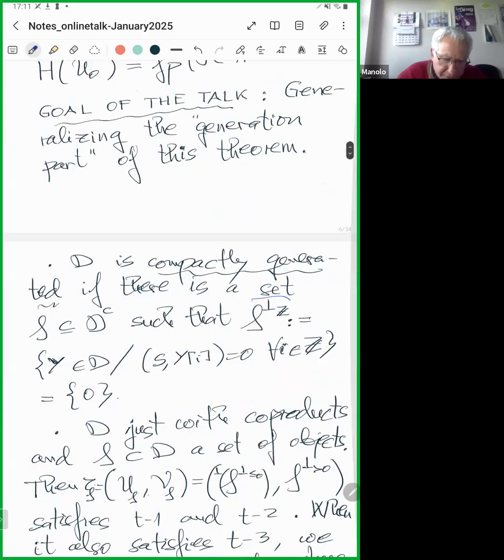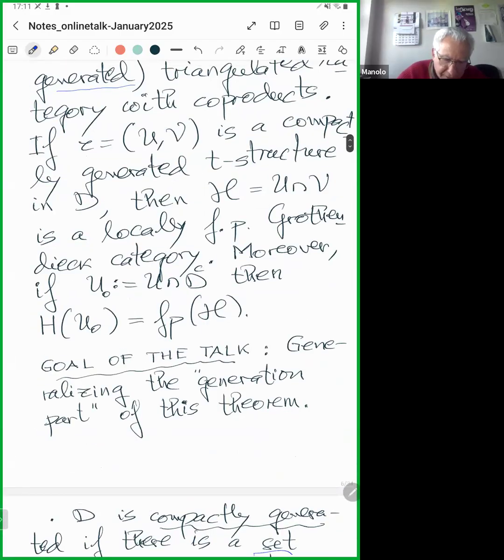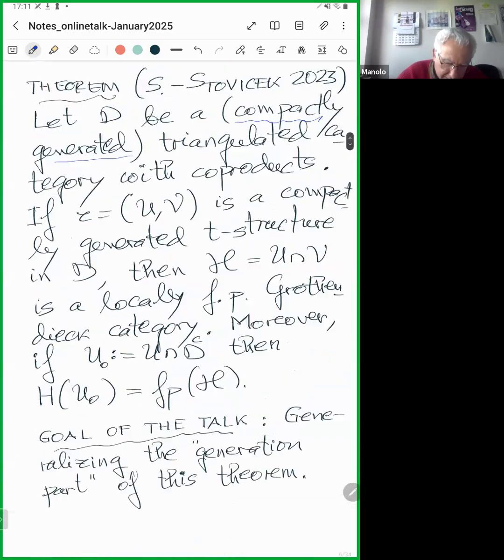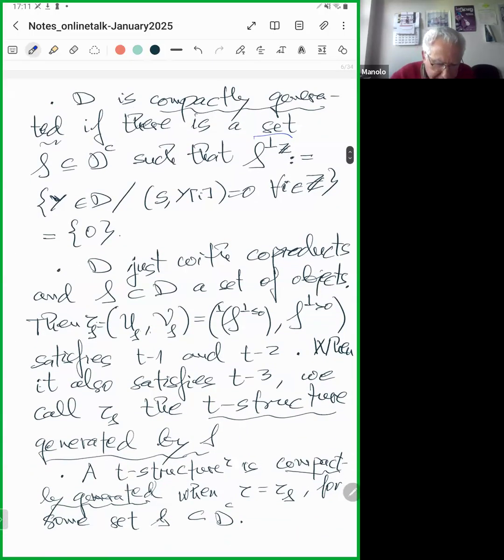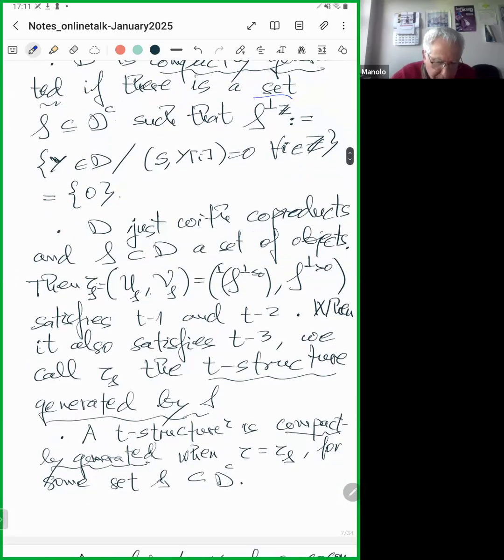In order to understand what is a compactly generated T-structure, I will introduce what is the T-structure generated by a set. So when you have a set S in your triangulated category, you can form this orthogonal pair. On the right, you have all objects such that all morphisms from S to positive shifts of the object are zero.